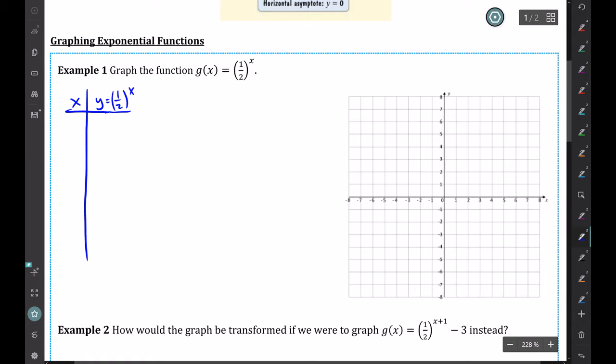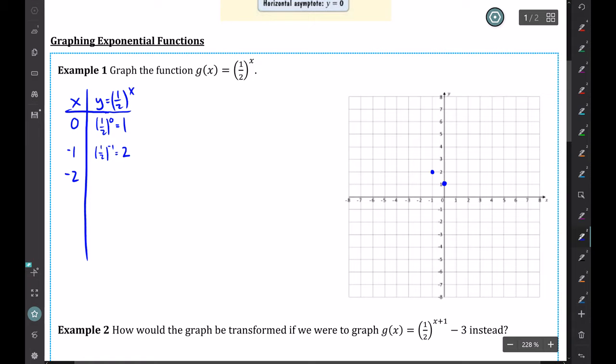So let me do 0, and like I said, 1/2 to the 0th power is 1. So again, this goes through the point 0, 1. And if I plug in -1, I'll get 1/2 to the -1, which is 2 to the first power. So that's just 2. So -1, 2.